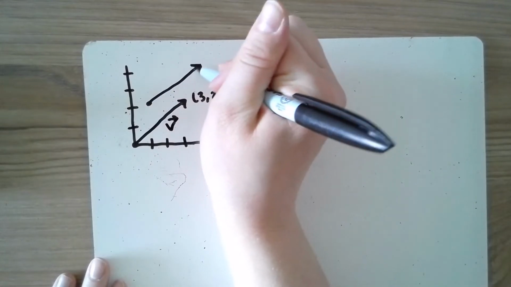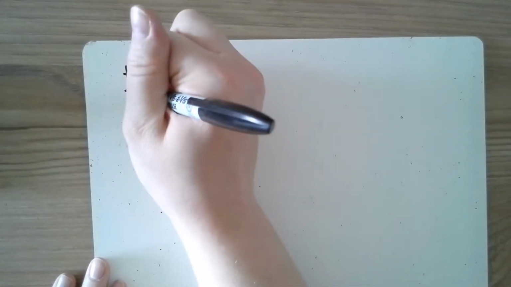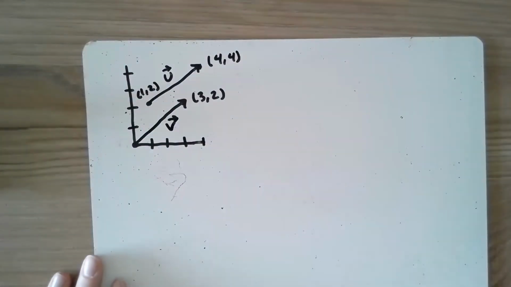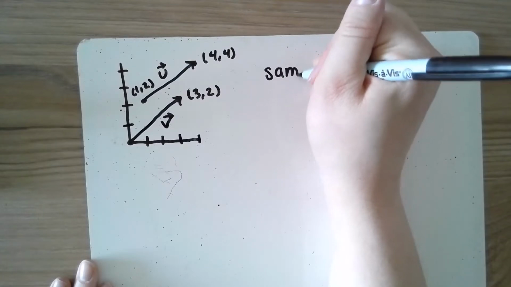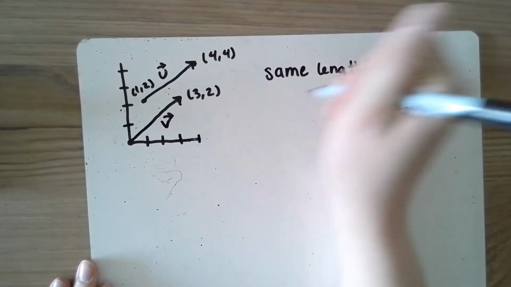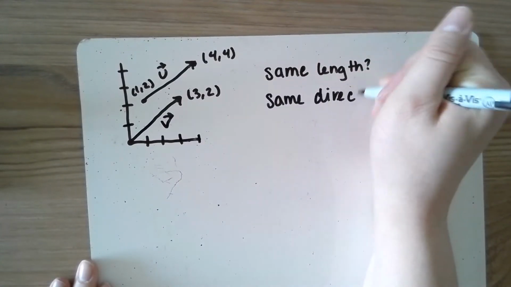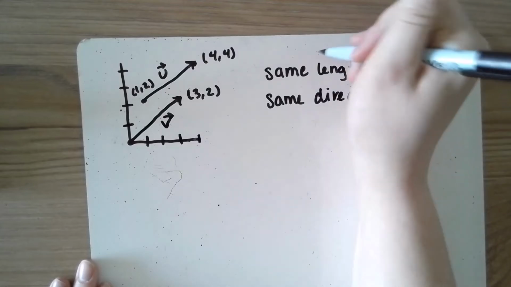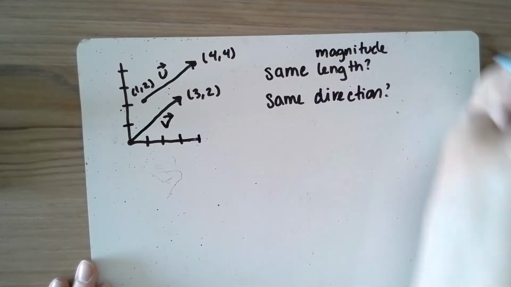And we want to know if these vectors are the same. In order for them to be the same, or to be equivalent, they have to have the same length and the same direction. And by length, we mean magnitude. So do they have the same magnitude and the same direction?